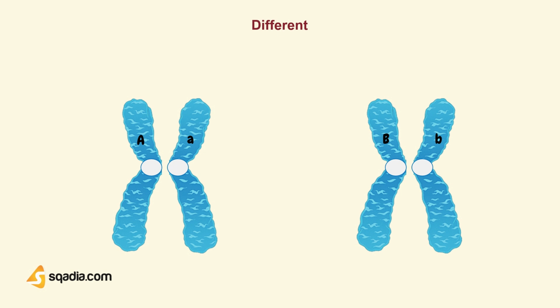In this example, capital A and small a are the two alternate forms of a gene, and capital B and small b are the alternate forms of another gene. The alternate forms of a gene are called alleles.